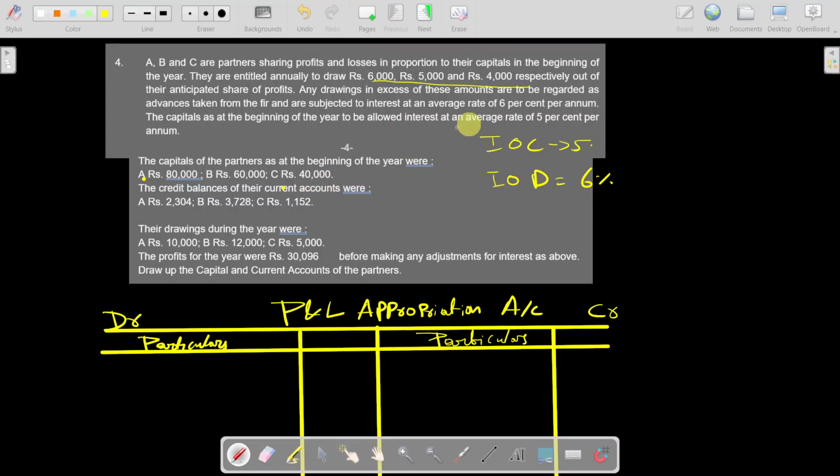We have to find out the profit sharing ratio according to their capitals. So A has capital of 80,000, B has 60,000, and C has 40,000. So we have to find out the capital sharing ratio for this.